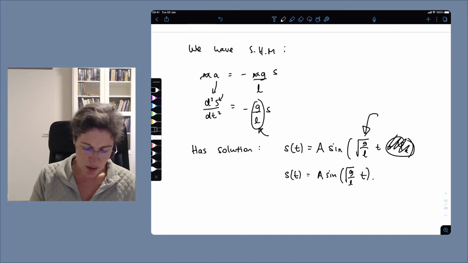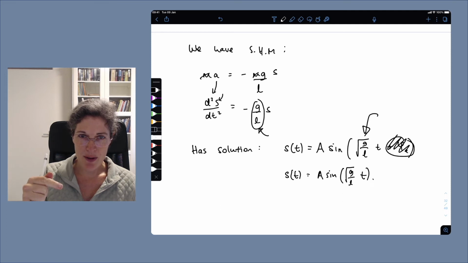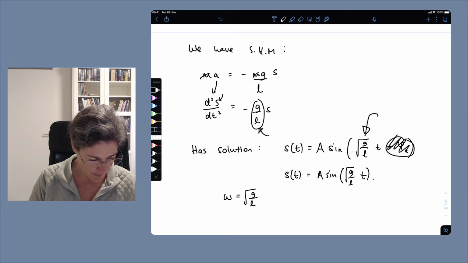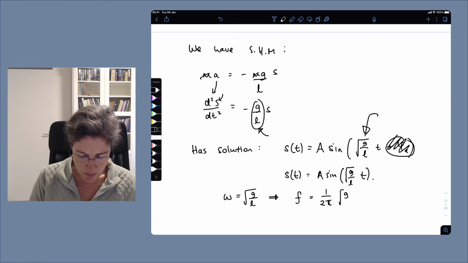Okay, how do we get to figuring out the period relating to this? Well, remember that our omega in this case is going to be the square root of g over L. And so we can work out that our frequency is 1 over 2 pi times our angular frequency.